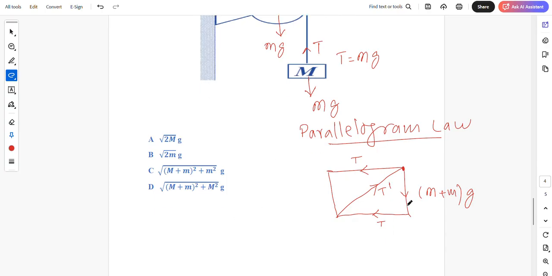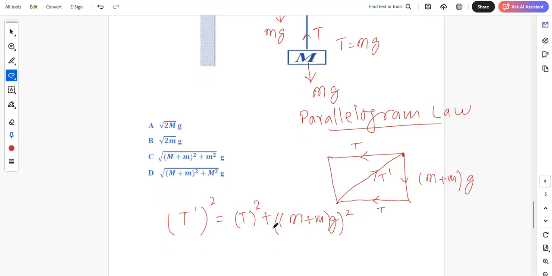Now I can write what? T dash the whole square, the square of the hypotenuse is equal to the sum of the squares on the other two sides, that is T square plus capital M plus small m into g the whole square. Therefore, T dash is equal to the square root of T square plus capital M plus small m g the whole square.